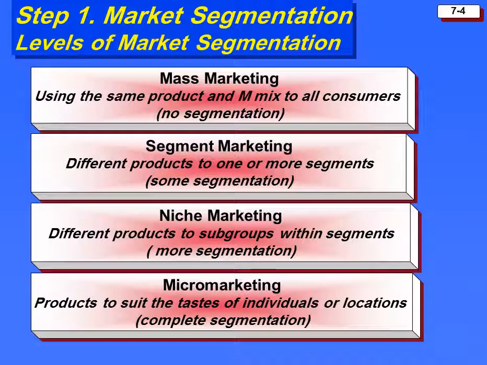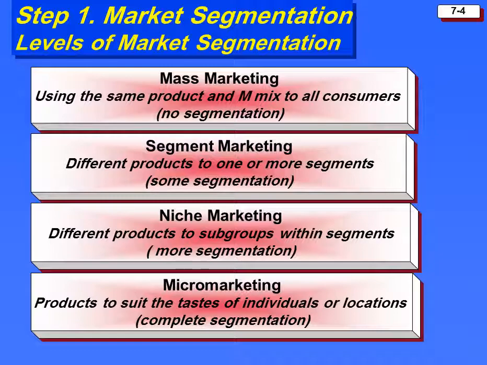Here we have many levels of market segmentation. The first level is mass marketing, using the same product and marketing mix for all consumers. In mass marketing, I have no segmentation. The second level is segment marketing.